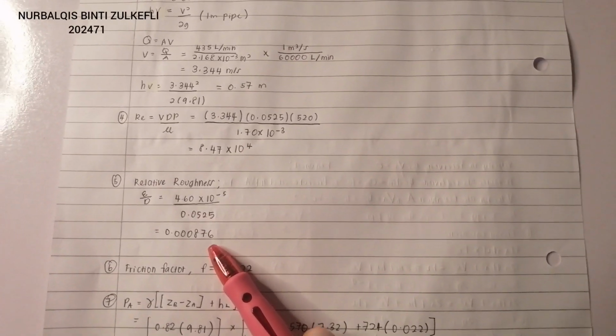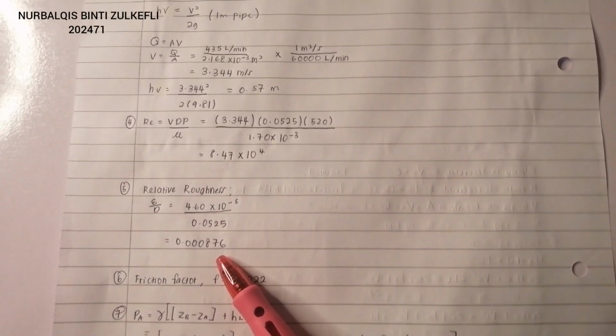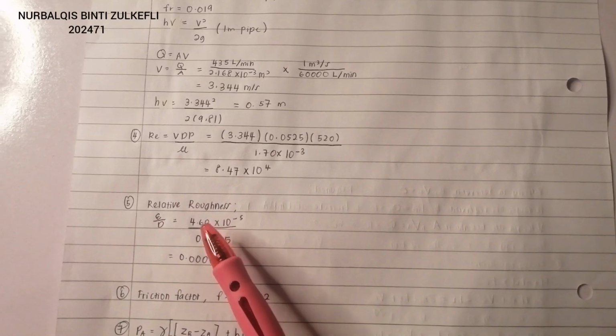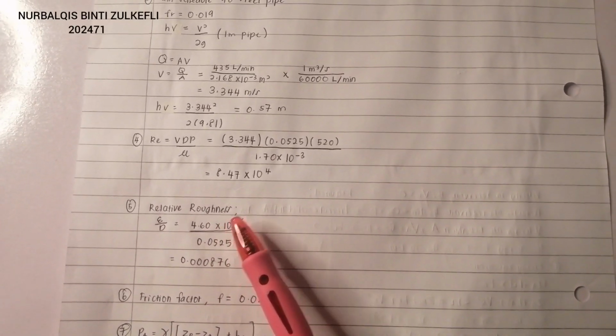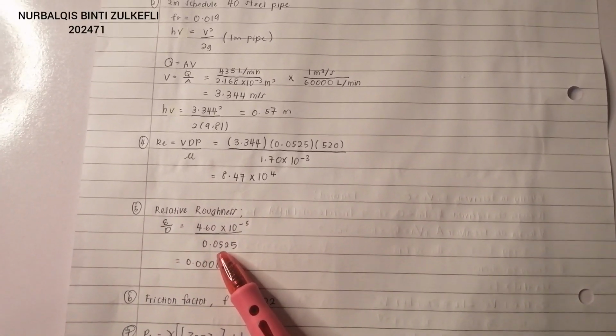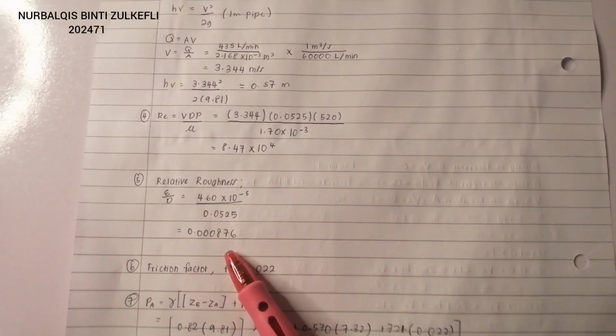So we get the value, which is 0.000876. The roughness is 4.6 times 10 to the power of minus 5, and the diameter is 0.0525.